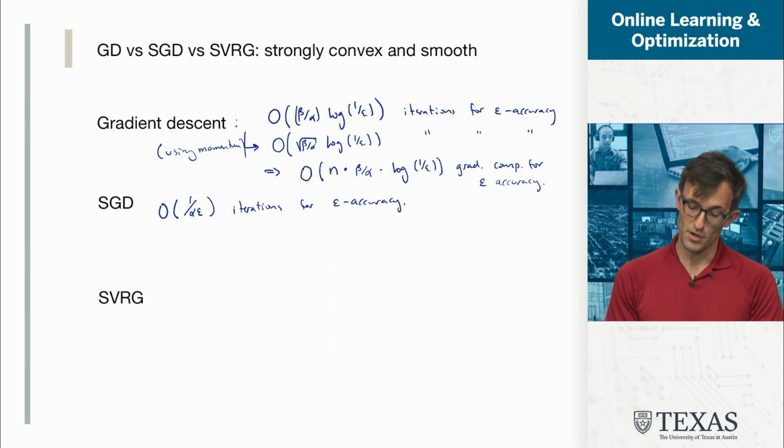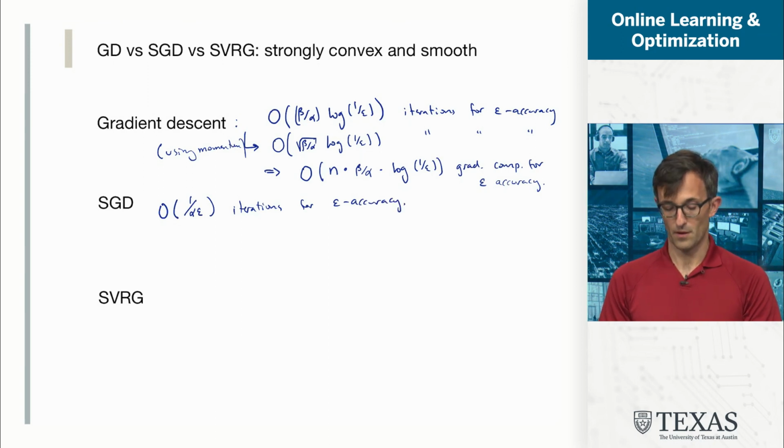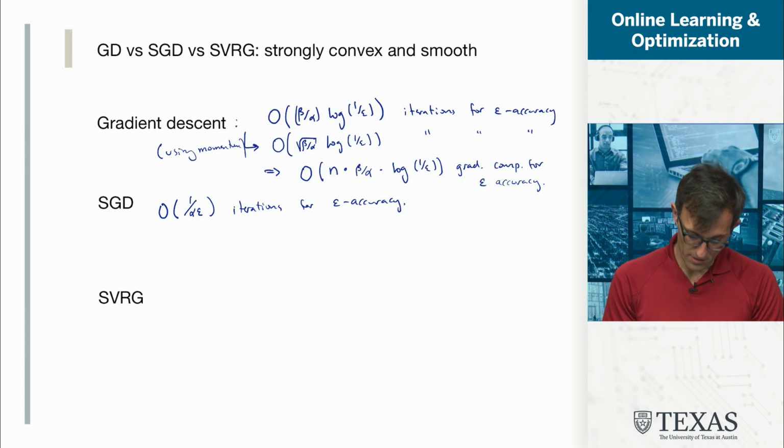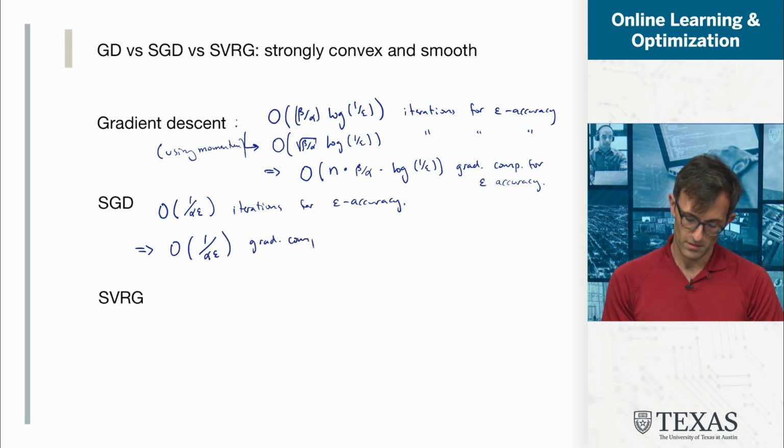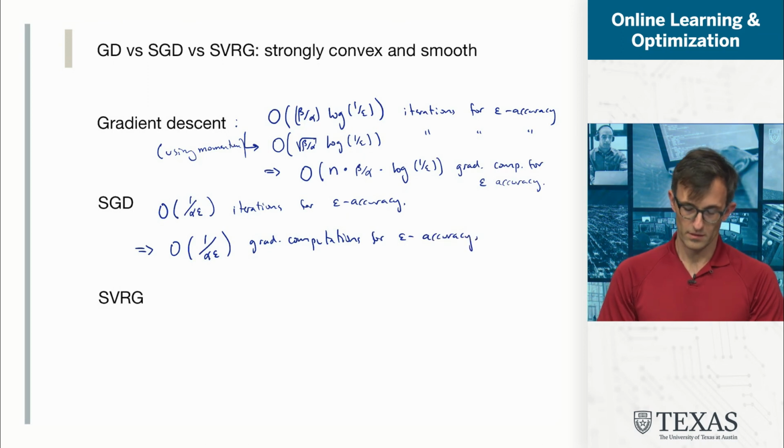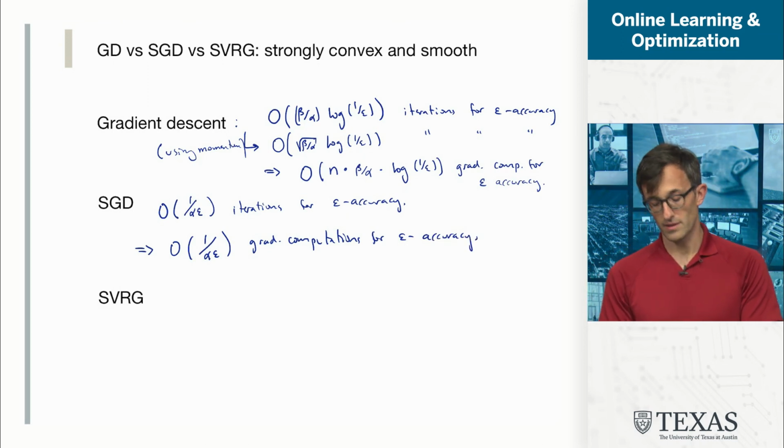Compared to log 1 over epsilon, this is much more. However, each iteration of stochastic gradient descent only needs one gradient computation, so it's actually this same number. So we need order 1 over alpha epsilon gradient computations for epsilon accuracy.